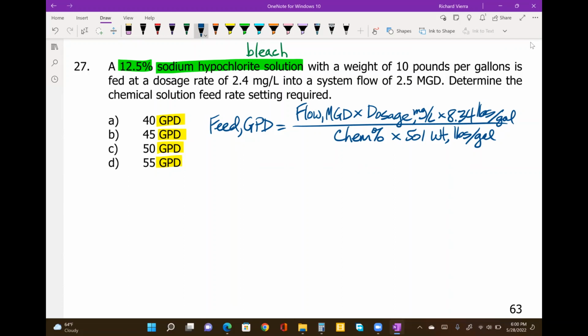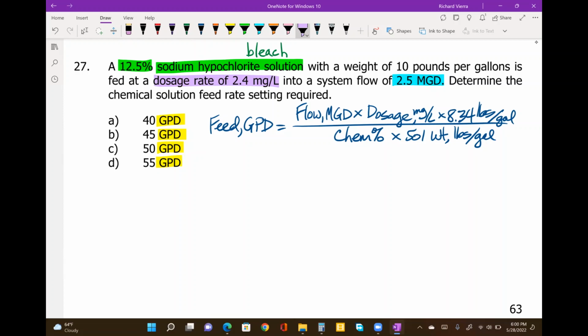All right, so in number 27 here, looks like we have our flow given as 2.5 million gallons per day. That number's ready to plug in. Our dosage is given as 2.4 milligrams per liter. That number is ready to use. 8.34 pounds per gallon is built into the equation.